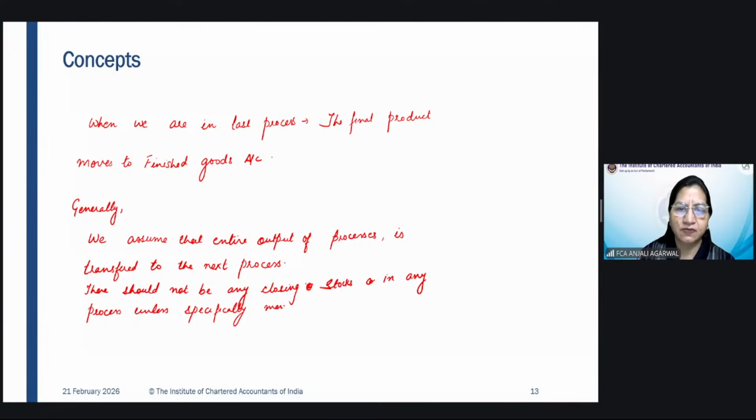If the question is very specifically saying there is a closing stock, for example 1,000 units were produced in process 1, but out of the 1,000 units only 750 units move to the next process, then we will transfer 750 units to the next process and keep 250 units as closing stock. But if nothing is said, then we don't assume there to be any closing stock.